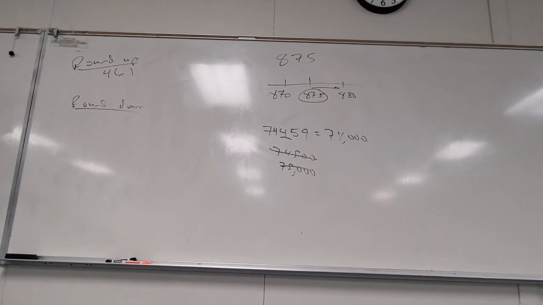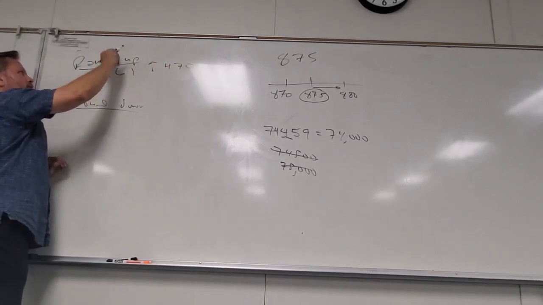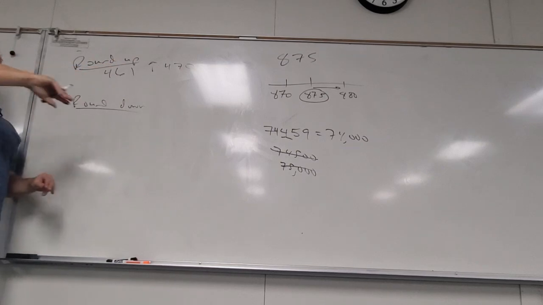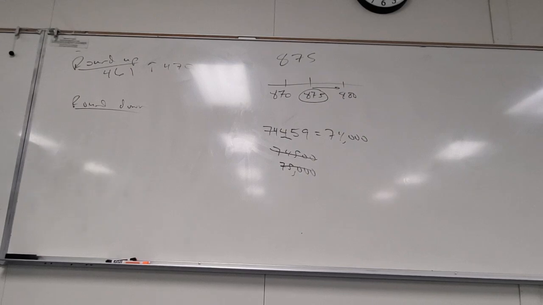So I can round that up to 470. Now, this is the idea of rounding up. There are situations, like when I want to find a low end and a high end estimate, where I'm going to round up or round down no matter what, correct? So that's not really just if I say round, that means you look at the number. If it's a 5, I go up. If it's a 4, I go down. If I say round up, you push that up, right? So that's a separate idea from the general idea of rounding.